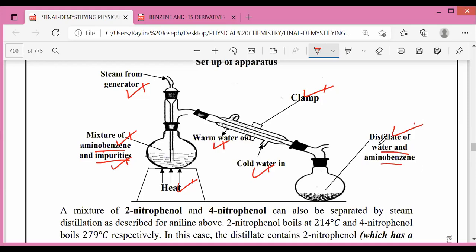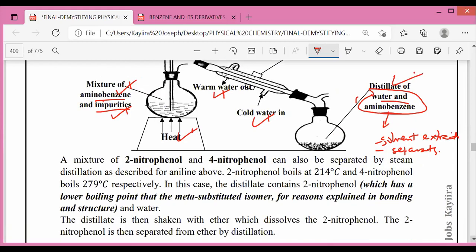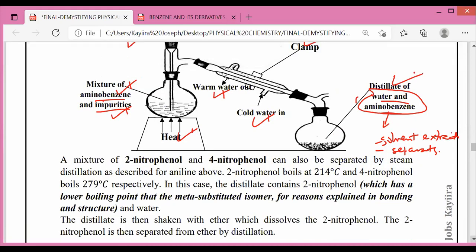And then you can separate the 2 components using solvent extraction, which we shall see later in our next topic. If you don't use solvent extraction, you can use a separating funnel to separate the 2. Are we together, members? Yes, teacher.